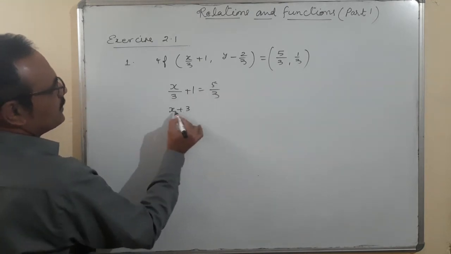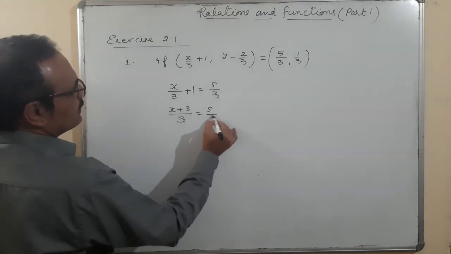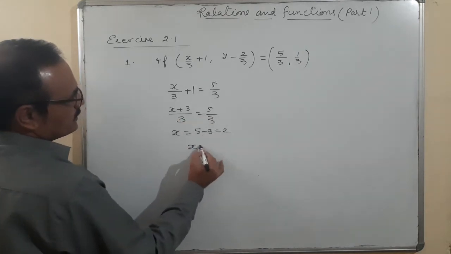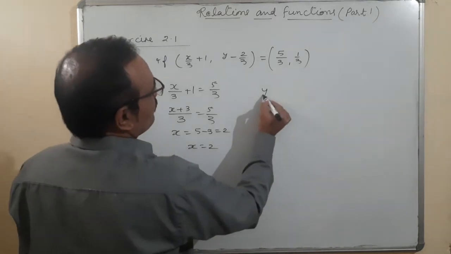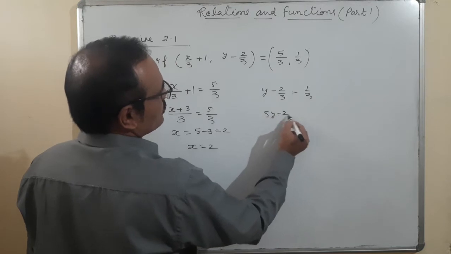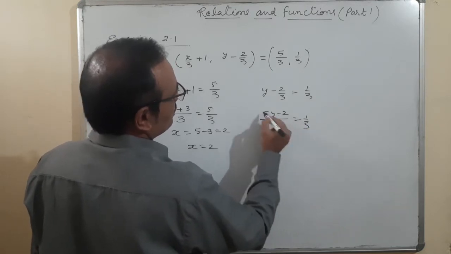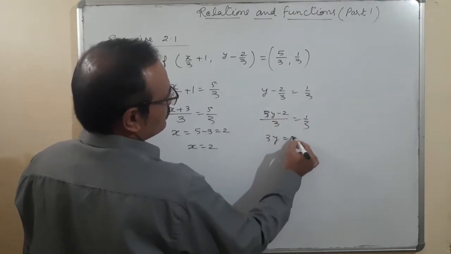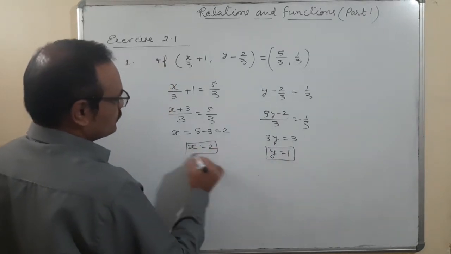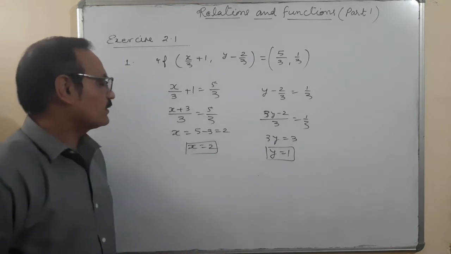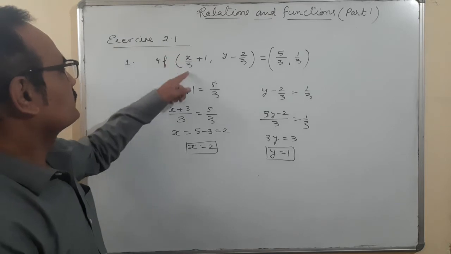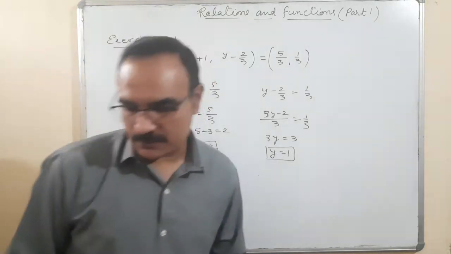So (x + 3)/3 is equal to 5/3. 3 cancels. x is equal to 5 minus 3, that is 2. x is equal to 2. y - 2/3 is equal to 1/3. So (3y - 2)/3 is equal to 1/3. So 3y is equal to 3. Therefore y is equal to 1. So x is equal to 2 and y is equal to 1. Clear? So verify also.